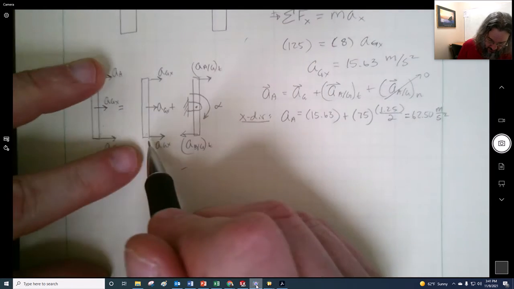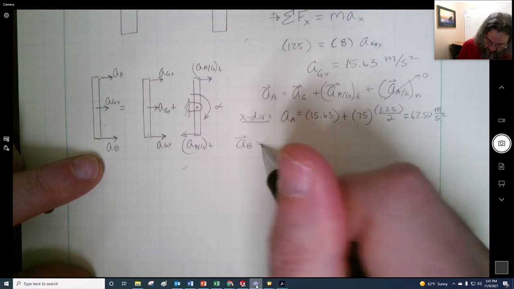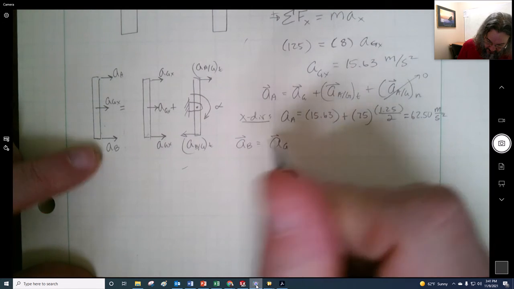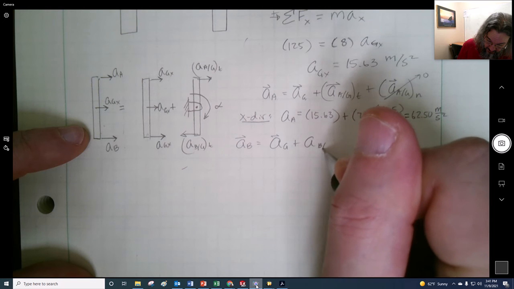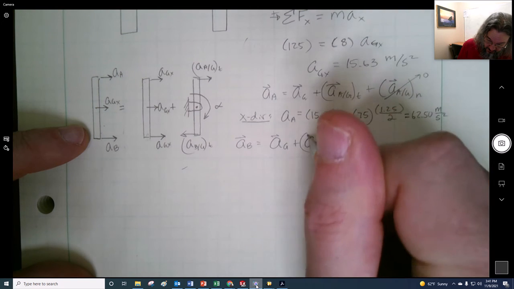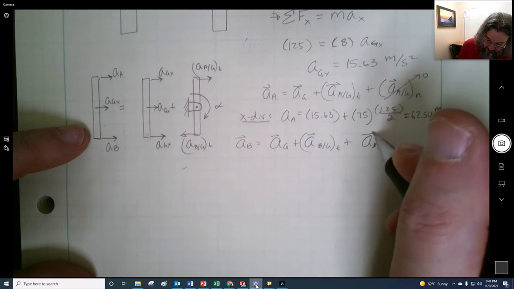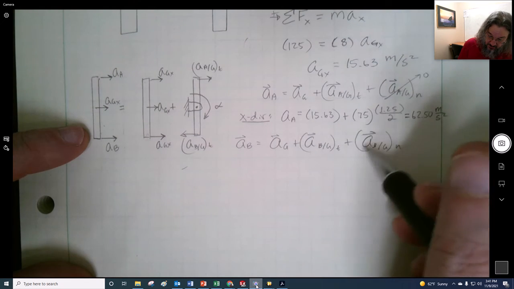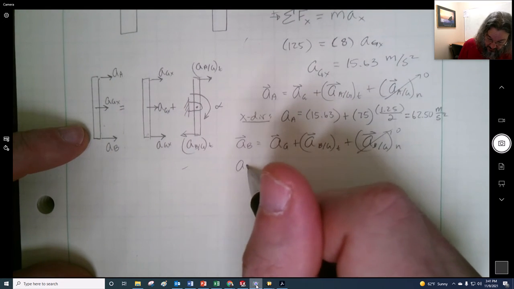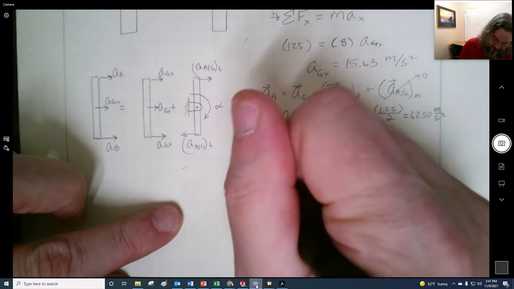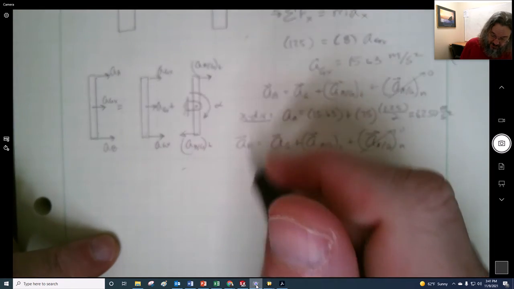We'll do the same thing here for B. It's the acceleration of B is equal to the acceleration of G, that's the known reference, plus the acceleration of B with respect to G, tangential, plus the acceleration of B with respect to G in the normal direction. Recognize that's 0. So I take the acceleration of, I should write x direction again. Be consistent. This is the main equation as a vector.